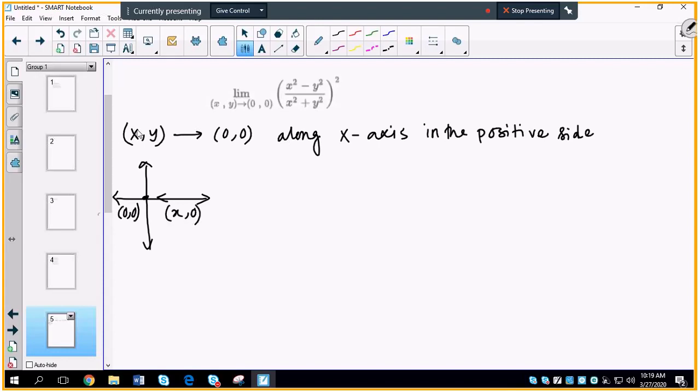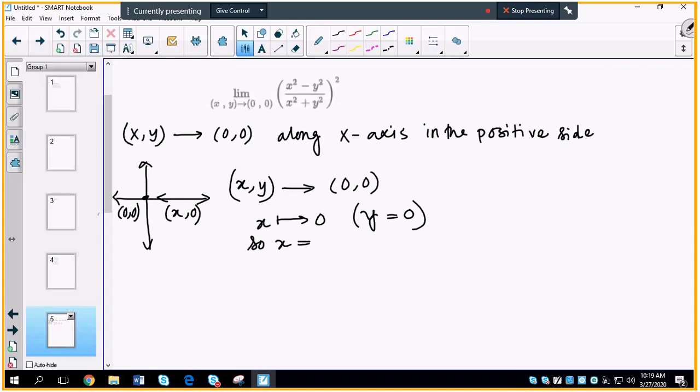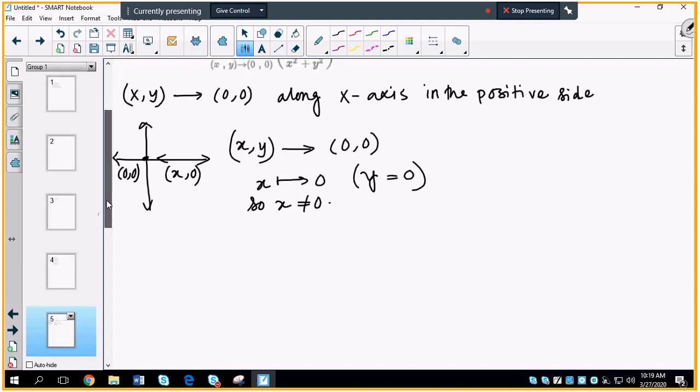So it translates the concept of the point x, y going to the point 0 comma 0 to x approaching 0, because your y is always equal to 0, whereas x is approaching 0, getting closer and closer to the value 0, so it is not equal to 0. So what do we get in this situation?